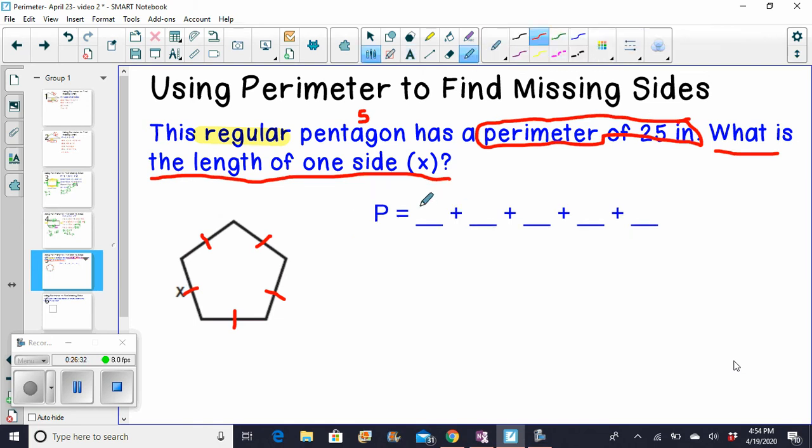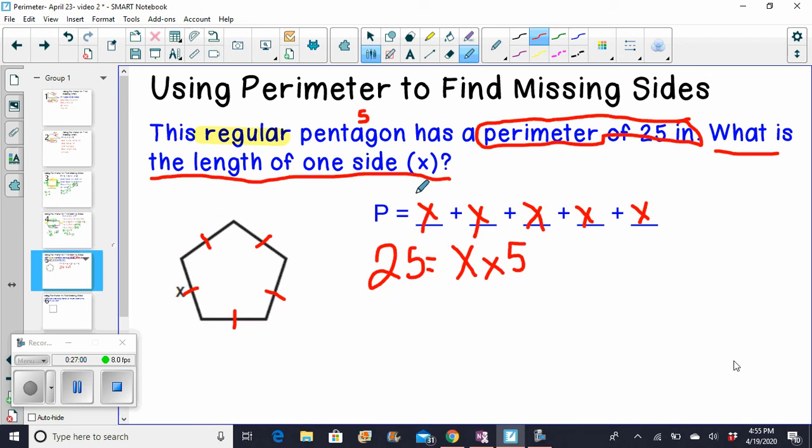So x plus x plus x plus x plus x. So I've got my perimeter is 25. 25 equals x plus x plus x plus x plus x. Really, that's like x times, how many times? 5 times, right?